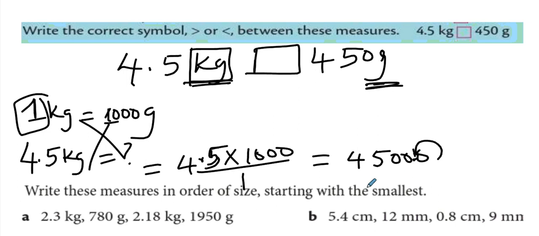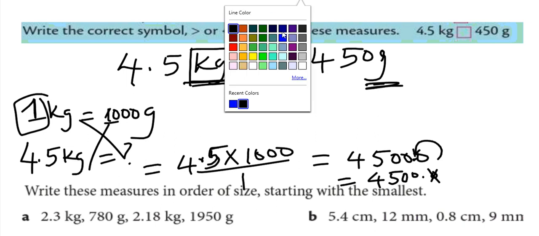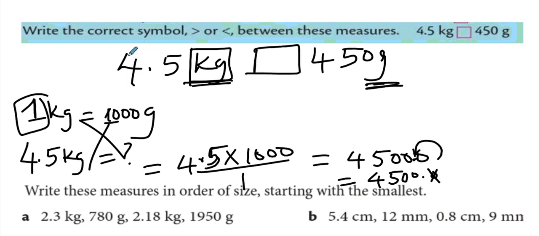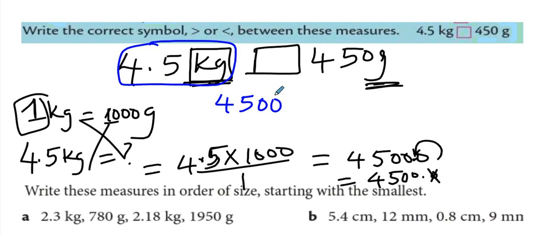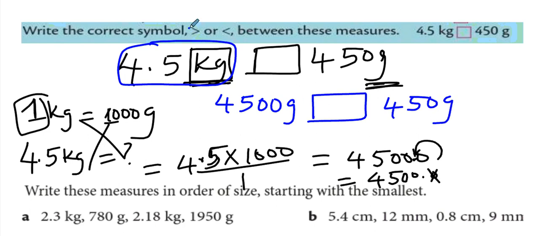Keep a dot here. This will be 4500.0. Cut that. So in other words, 4.5 kilogram is the same as 4500 gram.